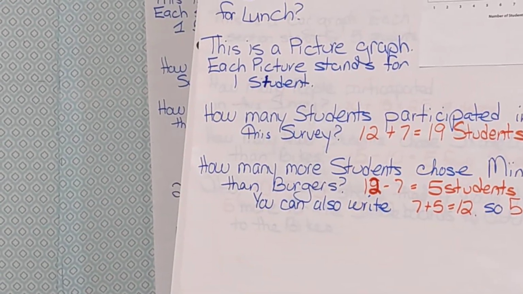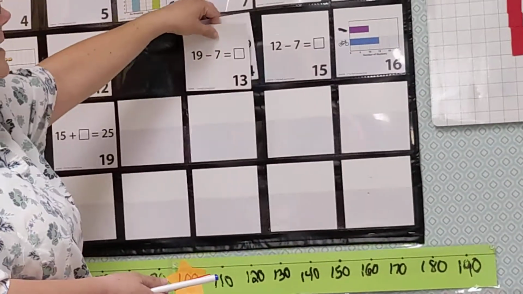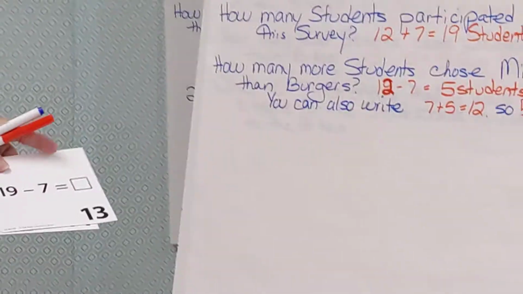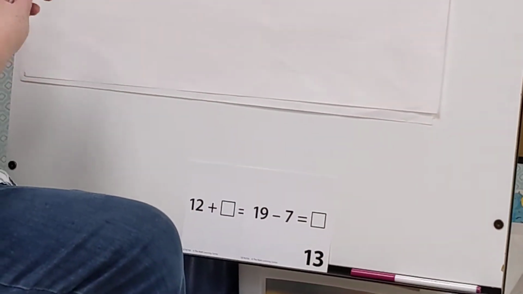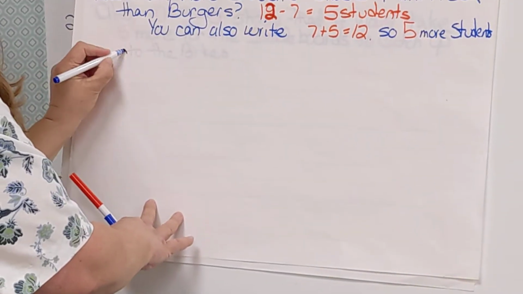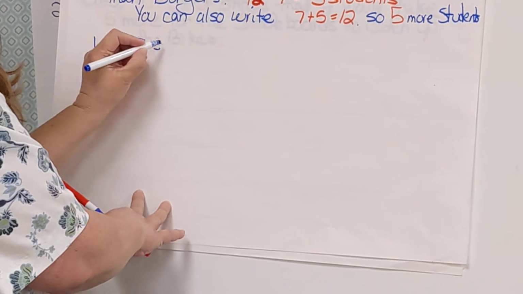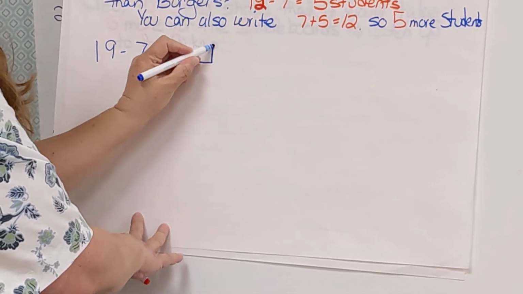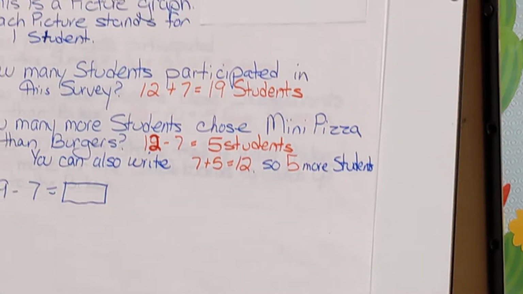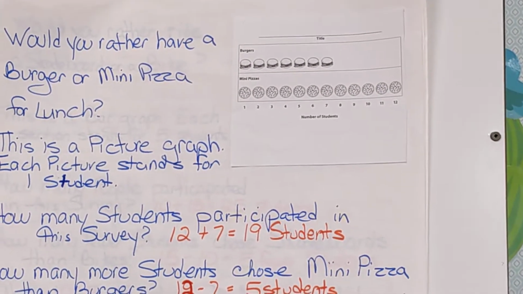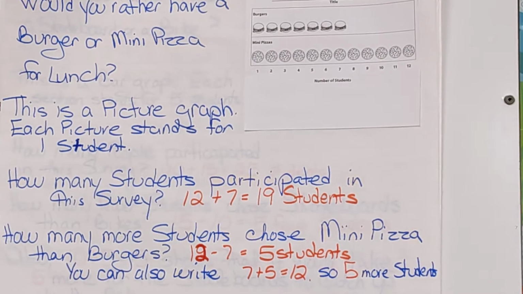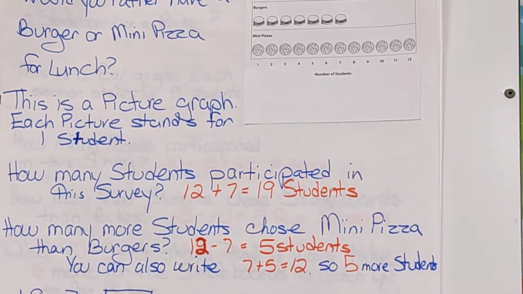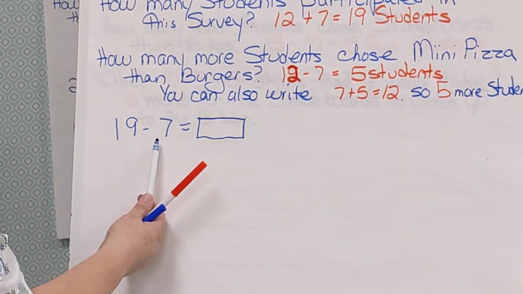Okay, let's work on these two in the middle and figure out why they gave us these equations and what information they are asking. So the first one says 19 minus 7 equals what? So what do you think this equation is asking? So 19 was the total amount of students that took the survey. 7 students picked burgers.